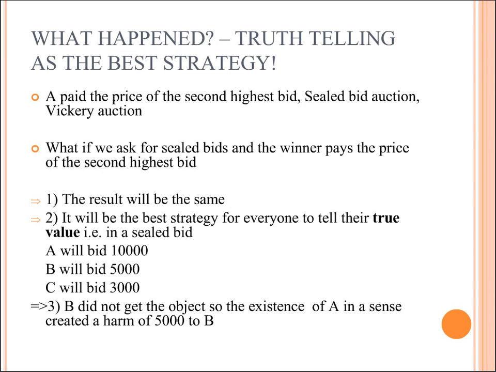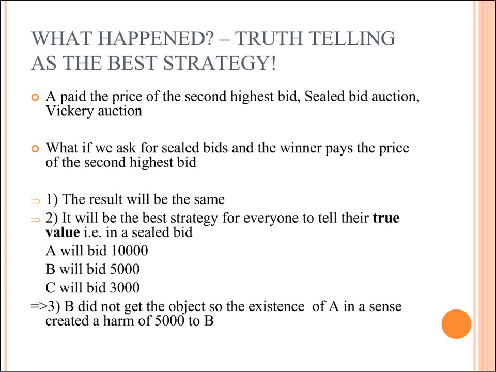And this you need to think through. You can imagine, for example, that if A were to put 8,000 in the sealed envelope, then if someone else was to put 9,000, he would lose because he was willing to go all the way up to 10,000. So telling your true value is your best strategy.